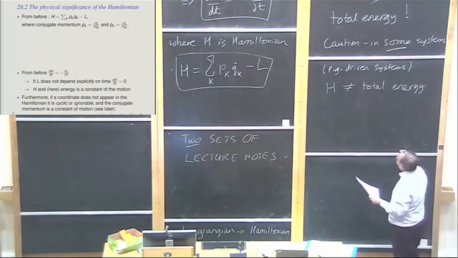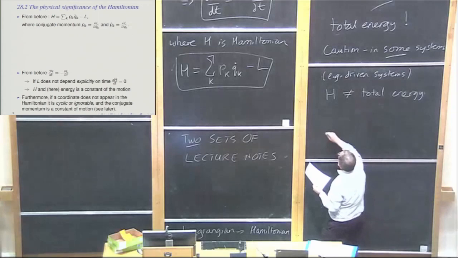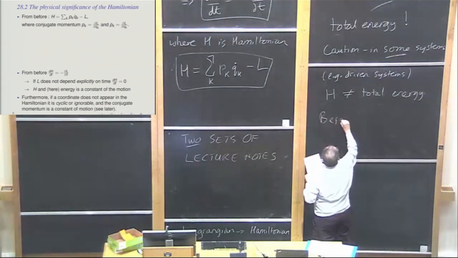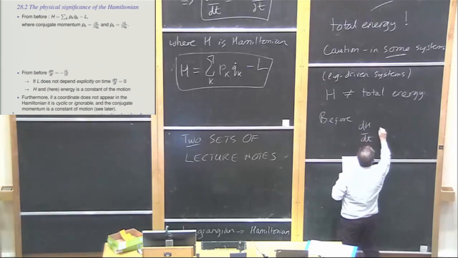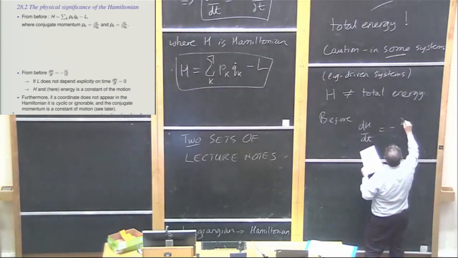So I think we can deal with this. From before, we had dH by dt equals minus dL by dt.